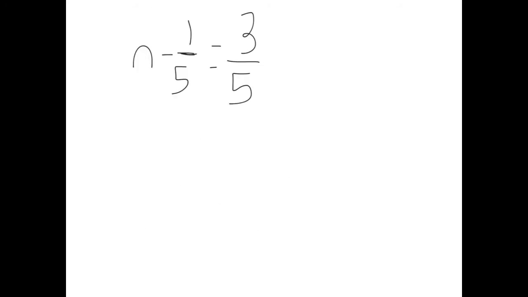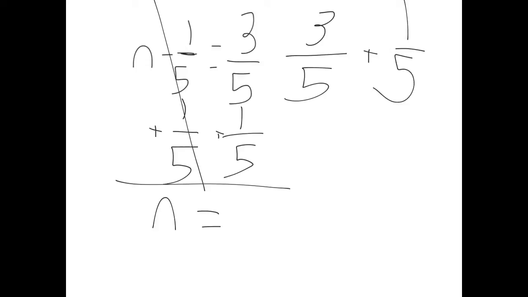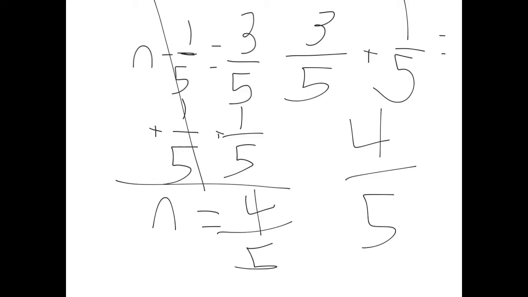You just gotta do the same thing, just get n by itself. And then we're just gonna go like this. Those are gonna stop, and it's going to equal. And then all you have to do is add up. So 3/5 plus 1/5 equals 4. N equals 4/5.